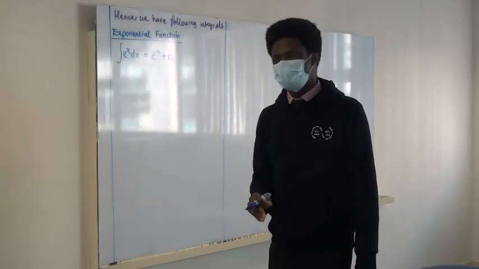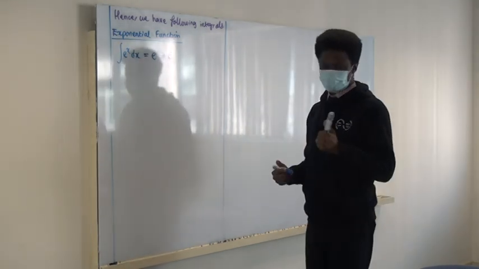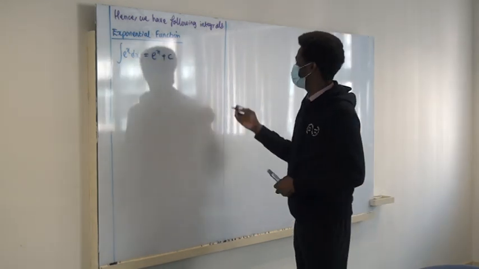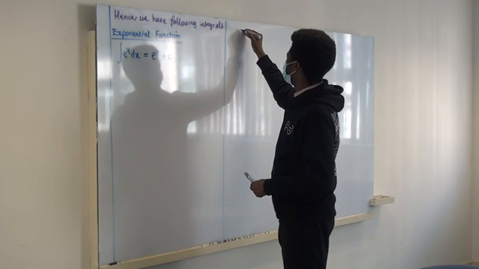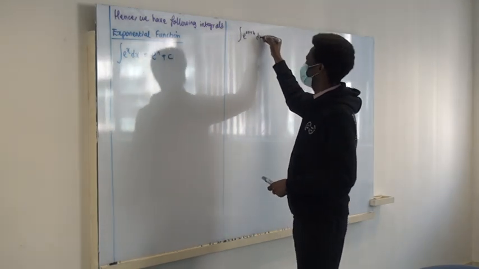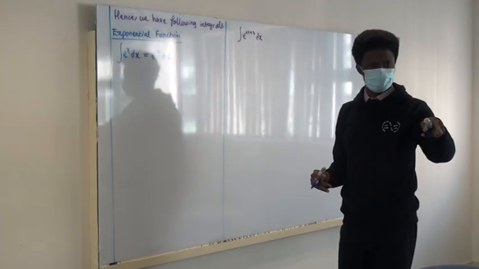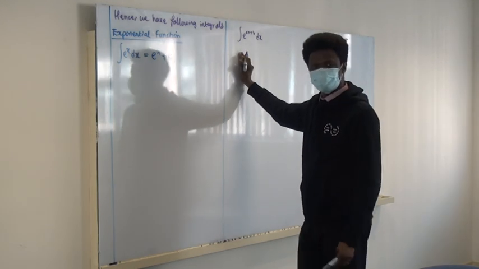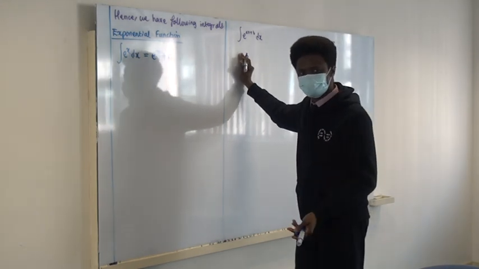Okay? Now, I mentioned something on Zoom, and I would like to say it again. If I have exponential ax plus b dx, that's another worksheet, so I'm just going to discuss everything together. If I have exponential ax plus b, we use something called integration by substitution.